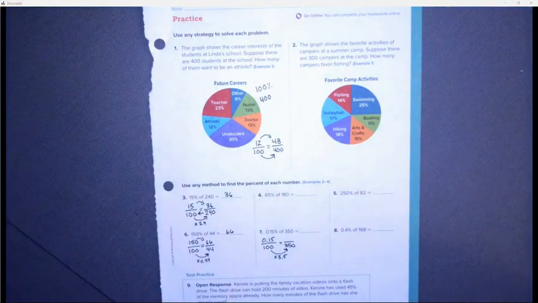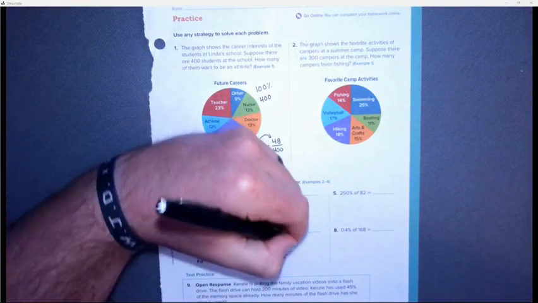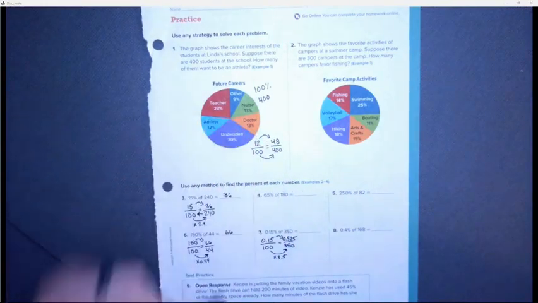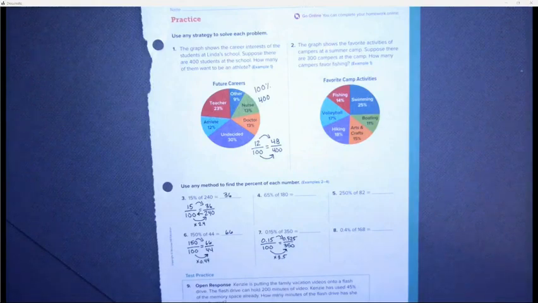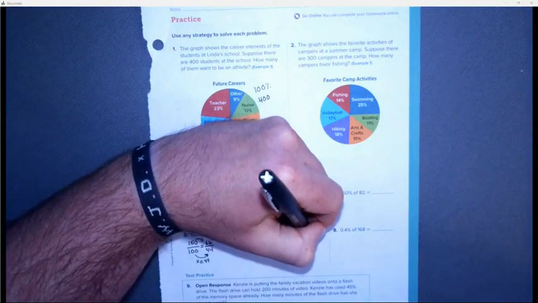So I will do 0.15 times 3.5, and I get 0.525. So 0.525 is 0.15% of 350.